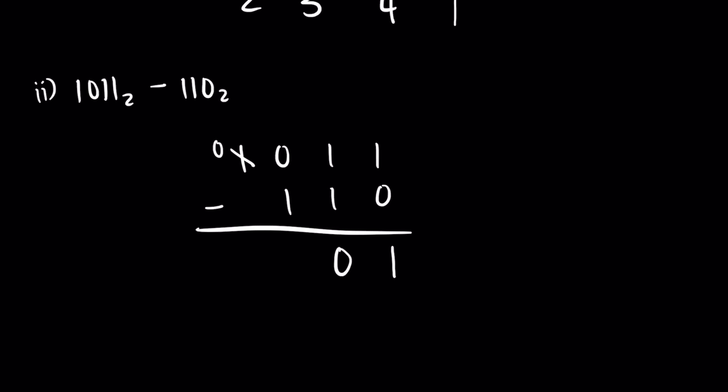And seeing as we're in base 2, we bring over 2 because we're moving from the 2 to the third place value to the 2 to the second place value. So this new number is 2, and 2 minus 1 is 1, and we're done. The answer is 101 base 2.